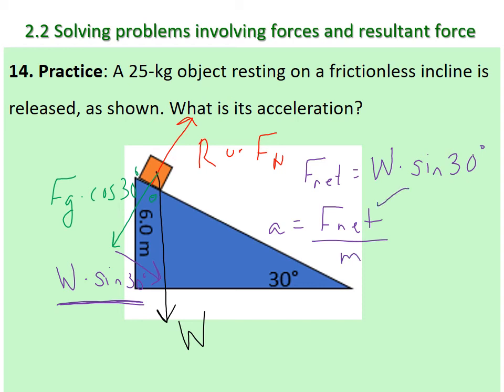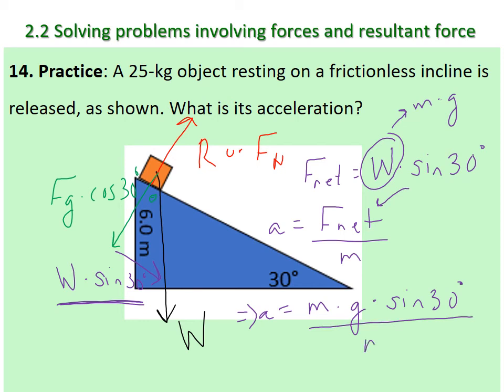So I'll plug W sine 30 in for F net, and I get acceleration equals mg, the mass times g. The mass times g is the weight, times sine 30 degrees, divided by the mass.